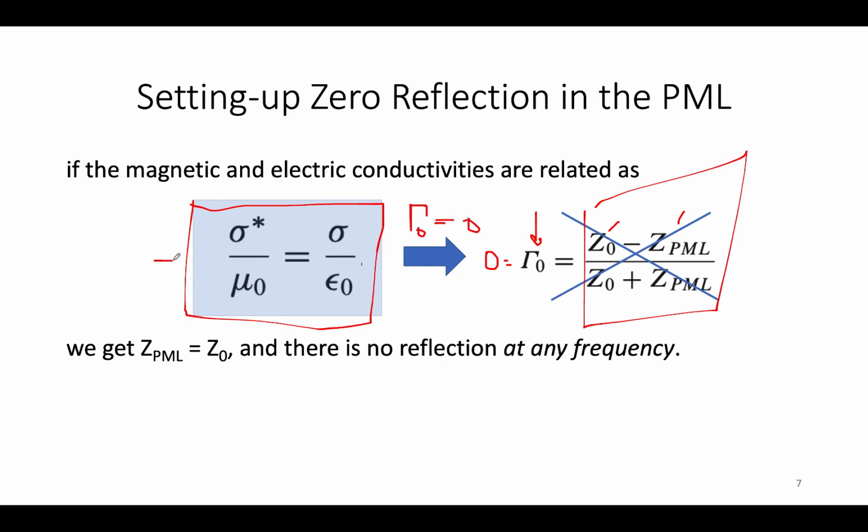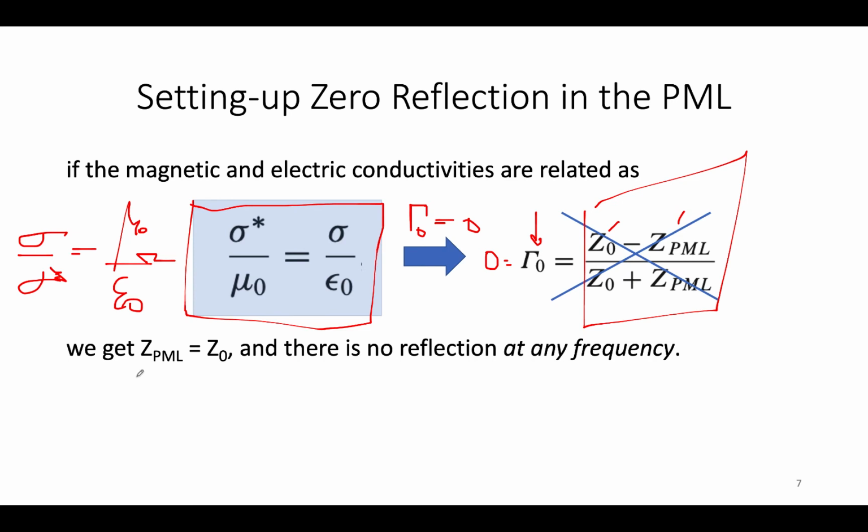So what we need to do is to take two conductivity coefficients such that sigma over sigma star is equal to epsilon naught over mu naught.